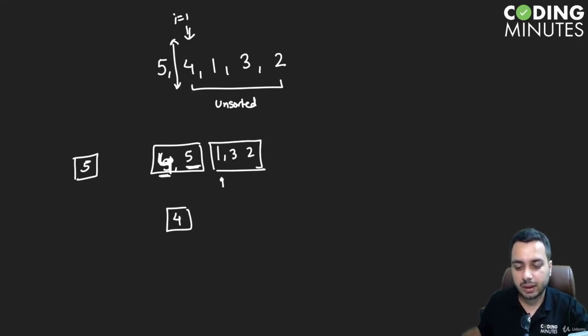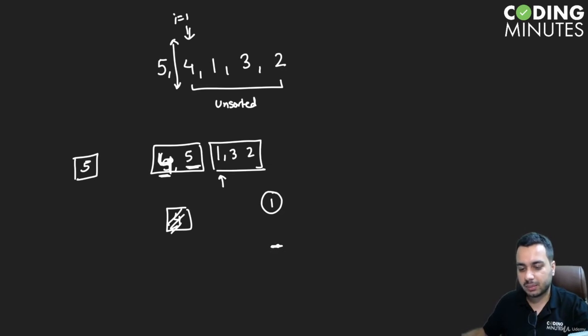Again, we will pick one and try to put 1 in the right position. We put 1 in a temporary memory and we empty this position. We have 4 and 5 here. Now 5 is greater than 1, so it will move one step ahead.